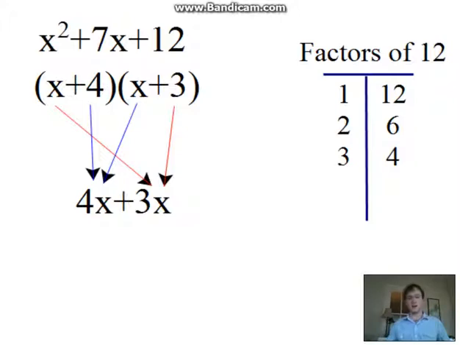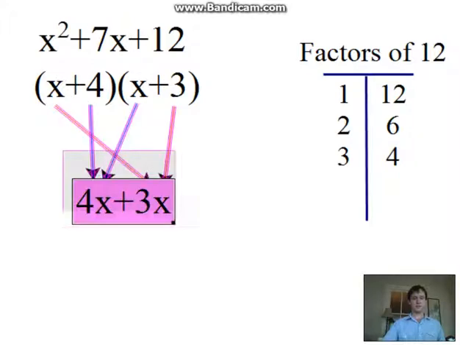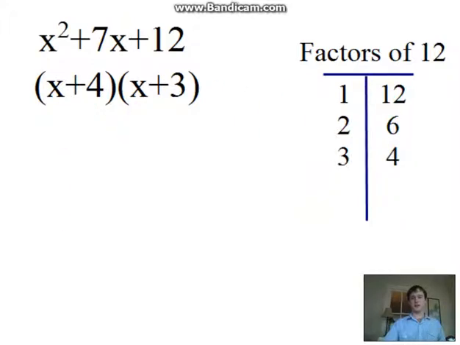If those constants add up to 7, then the middle term should add up to 7x. 4x plus 3x is 7x. And then our first term is, in this case, sort of a gimme. x times x is always going to be x squared.